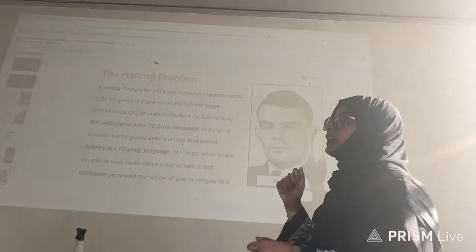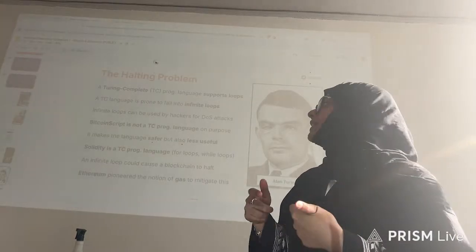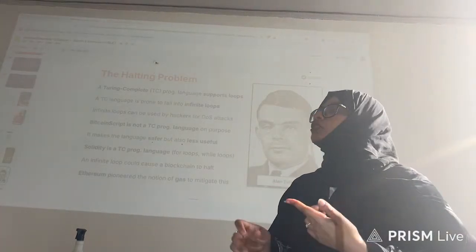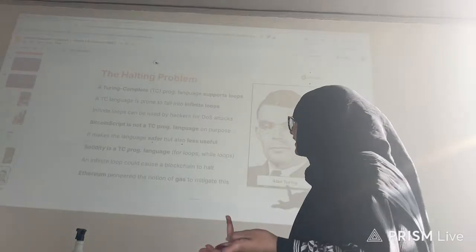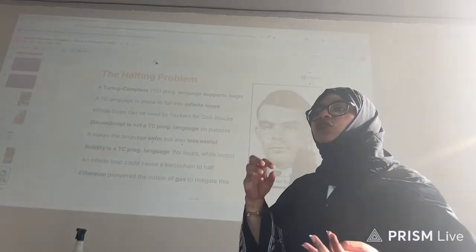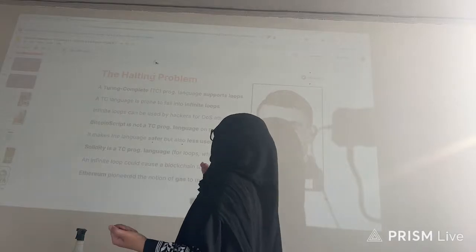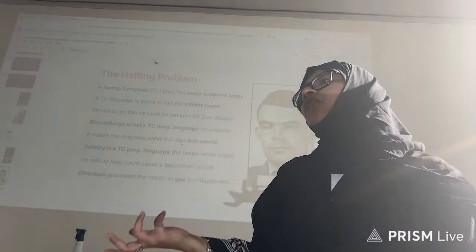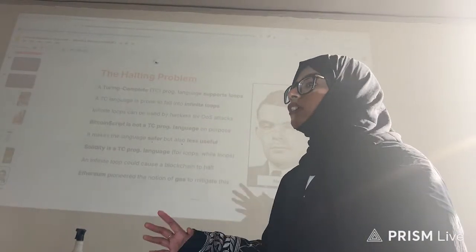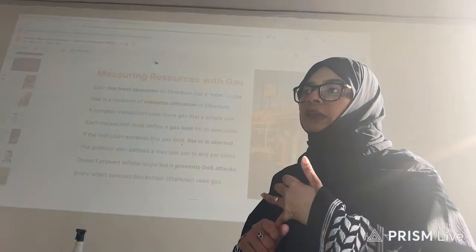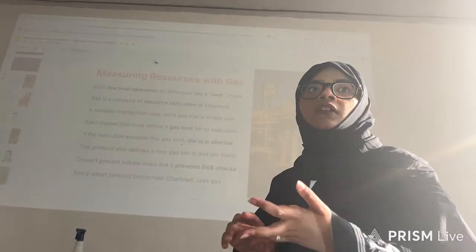The issue with Solidity is it is a Turing complete language, so it supports loops, and the concept of gas was introduced to mitigate this problem of a Turing complete language. It did not definitely prevent infinite loops.